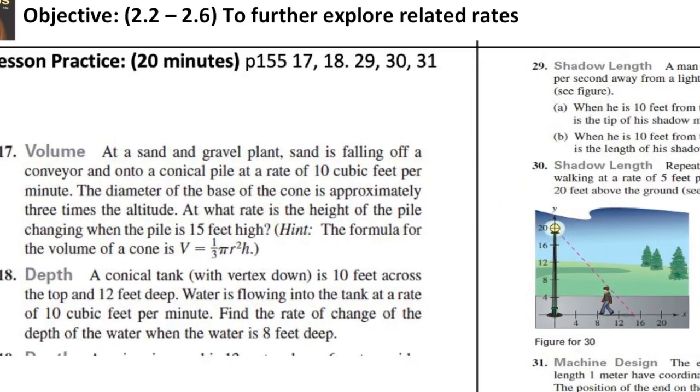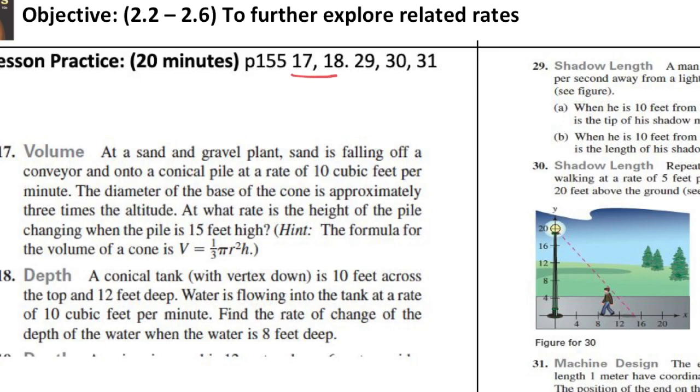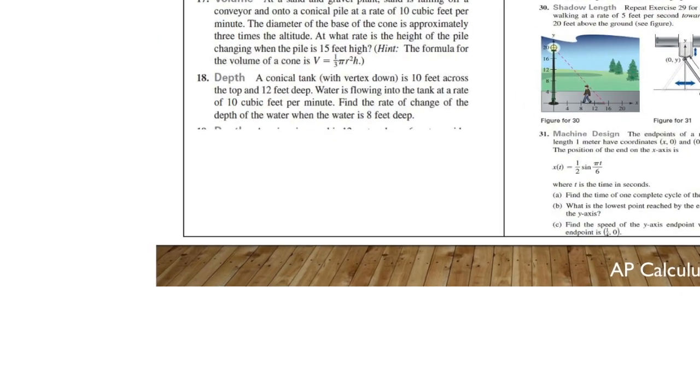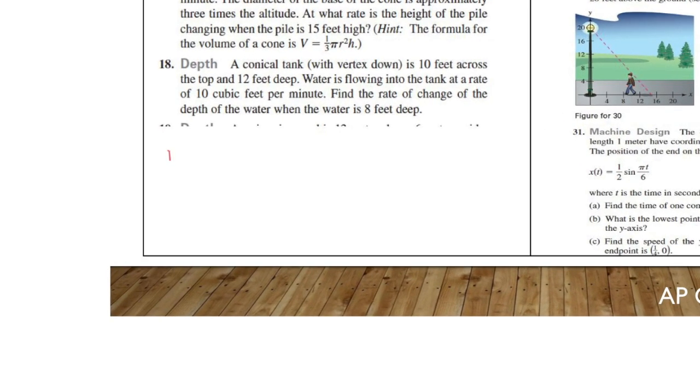So I have a couple of problems I want you to practice. 15, 18, 29, 30, and 31. Now, as you practice these problems, remember the process. The process should help you set the problems up. First thing, you should always draw the picture. The picture is essential. On your picture, you're going to label the parts that are moving using variables, label the parts that are not moving using your constants.